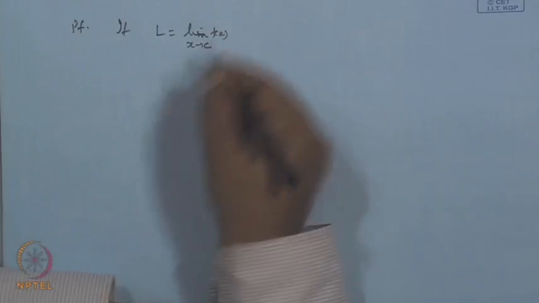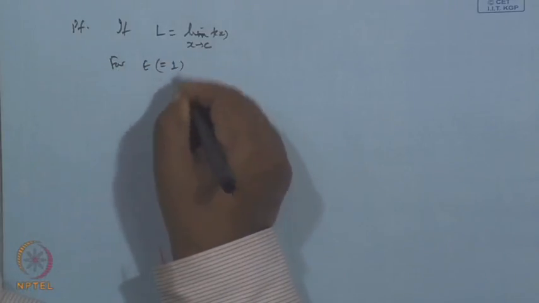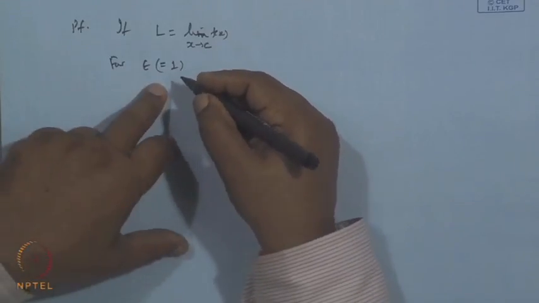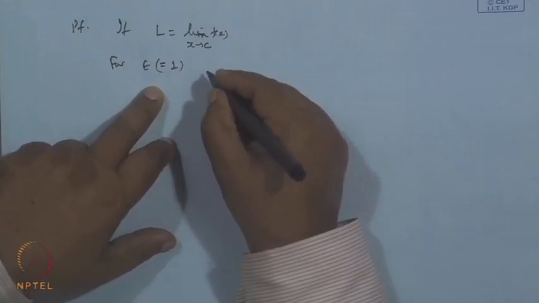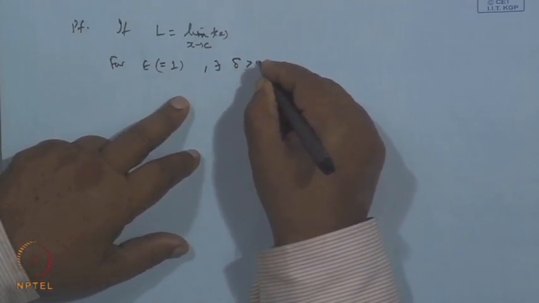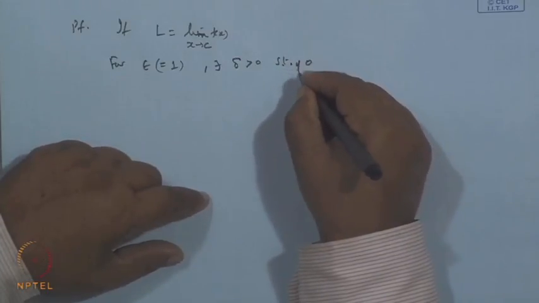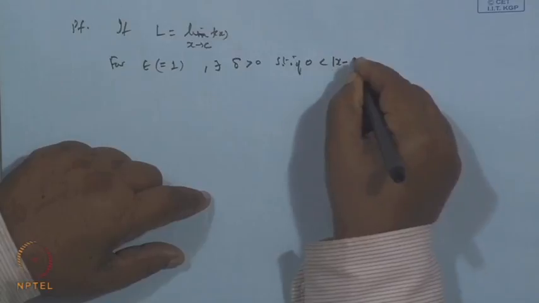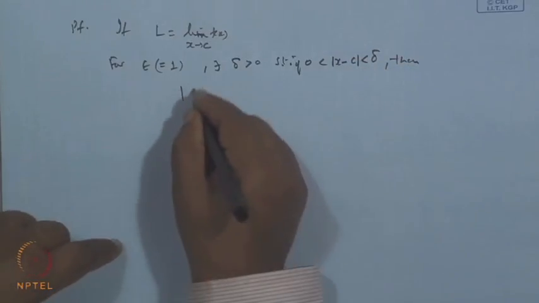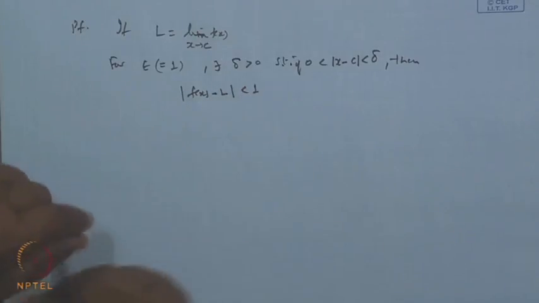By definition, for a given epsilon, I choose epsilon to be 1. For a given epsilon greater than 0 there exists a delta, which depends on epsilon and is positive, such that if 0 is less than mod x minus C less than delta, then by definition mod of f(x) minus L is less than 1.